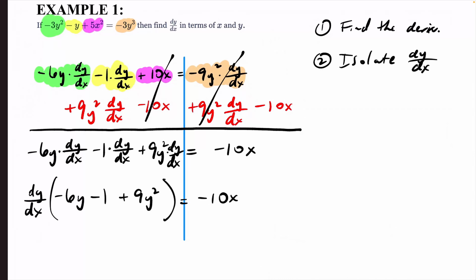Okay, big question, how do we get dy over dx by itself now? What's the last step? Divide. Divide by, not dy over dx, because I want to keep it there. Minus 6y, everything else. Divided by everything else.